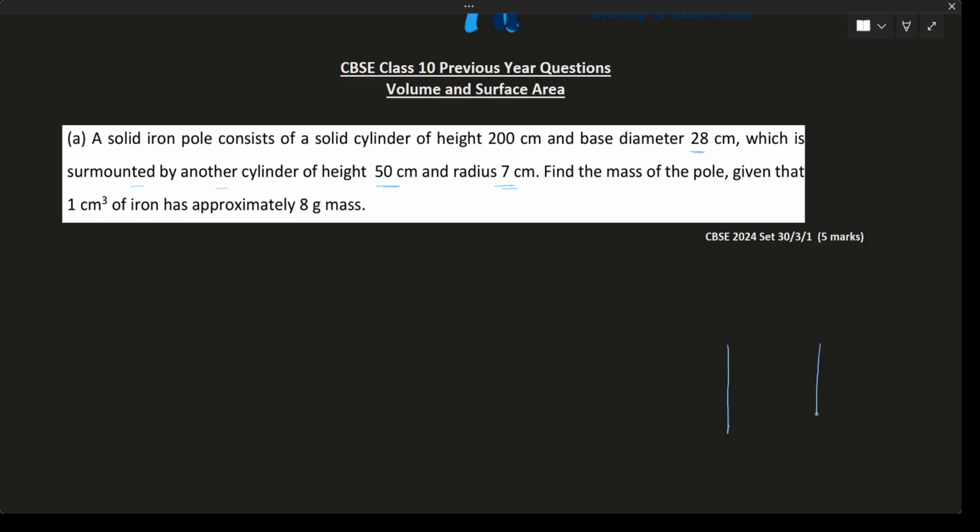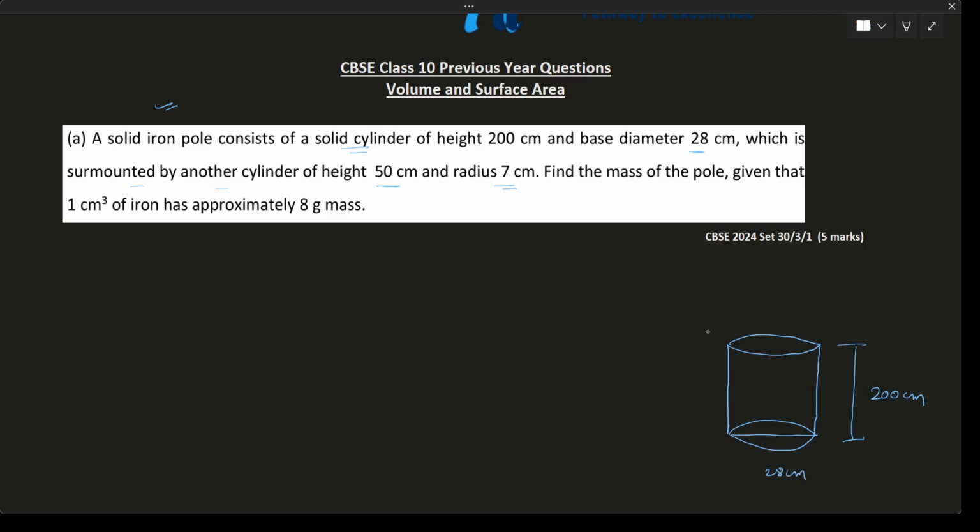So there is a solid iron pole, which consists of a solid cylinder. The height for this one is given as 200 centimeter, and the diameter of its base is given as 28 centimeter.